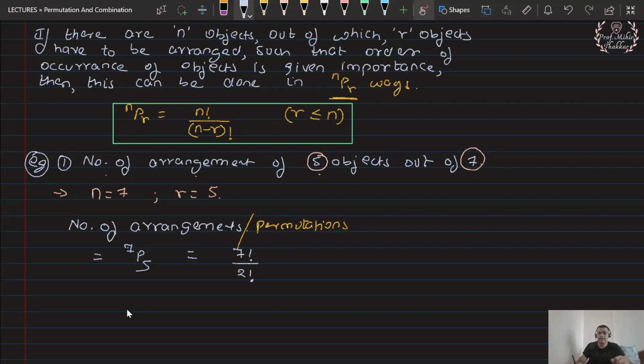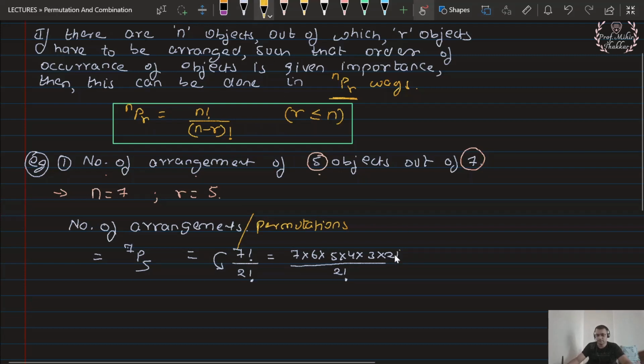Just some time back we had seen the calculation of this kind of factorial values. What we do is we reduce the greater number till the smaller number. So just leave this 2 factorial as it is and bring this 7 down to 2: 7 into 6 into 5 into 4 into 3 into 2 factorial.